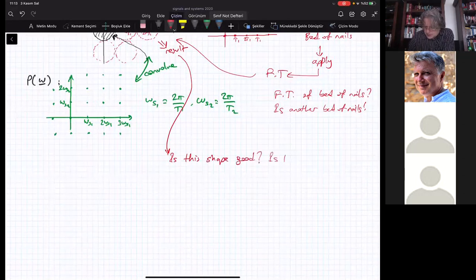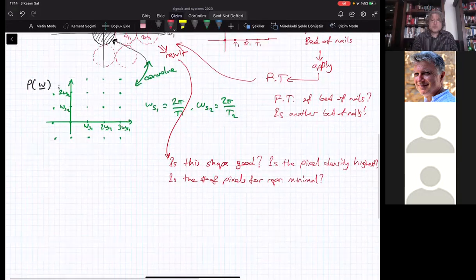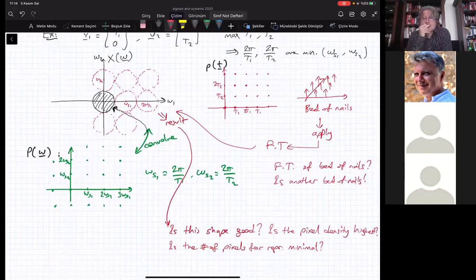Or is the pixel density highest? Or is the number of pixels for representation minimal? They correspond to the same question all the way. And the answer, when we visualize these stacked disk shapes, is that it's not.